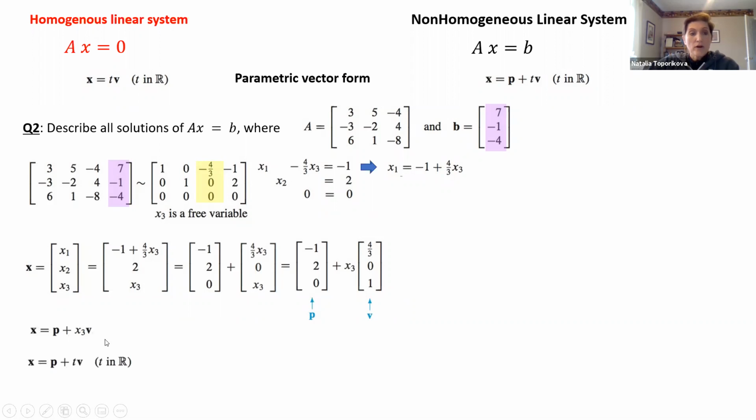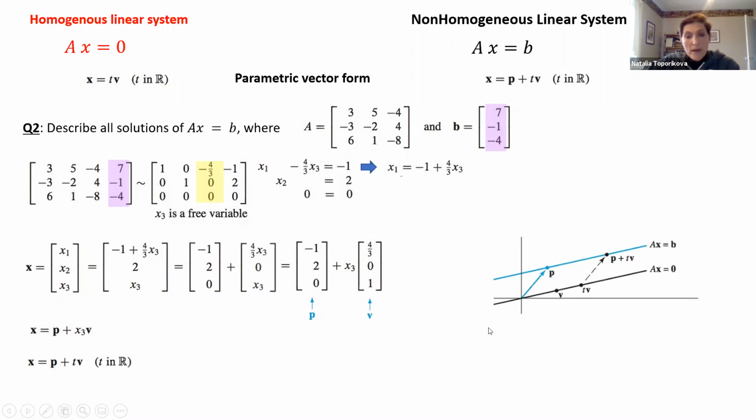And again, this is the parametric form. And just to stress that x3 can be absolutely any number, we will replace it with the parameter t. So again, this is our parametric solution, and it actually makes a really interesting geometric interpretation. When we have a homogeneous system, like right here, the black line is formed by the linear combination of vector v, like we call it tv.